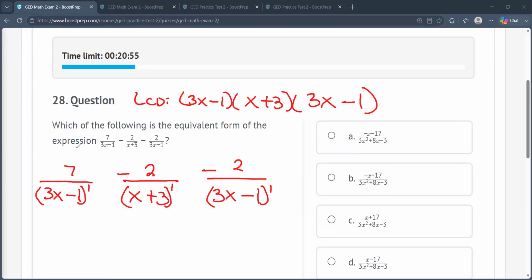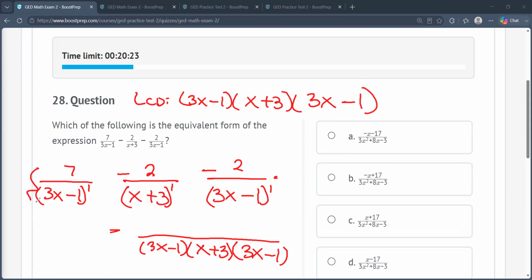So what we're going to do is, on the bottom, put your LCD. Do not FOIL it out, just write it as 3x minus 1 times x plus 3 times 3x minus 1, because something might cancel when you do the top.